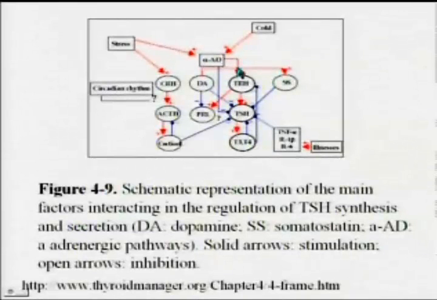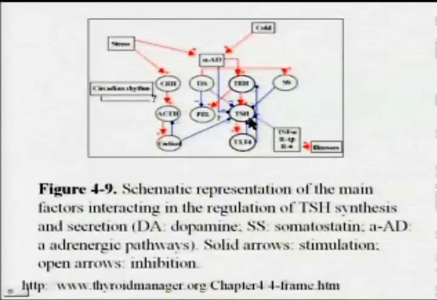Then, of course, you've got the hormone 1 driving hormone 2, driving hormones 3, and the negative feedback effects. You also have neuroimmunomodulation if there is illness. The tumor necrosis factor alpha and two of the interleukins, the 1 beta and interleukin 6, can also have inhibitory effects on the thyrotropes in the anterior pituitary.